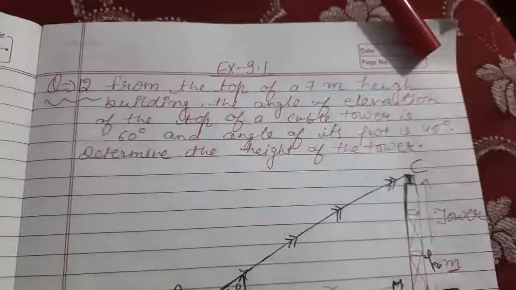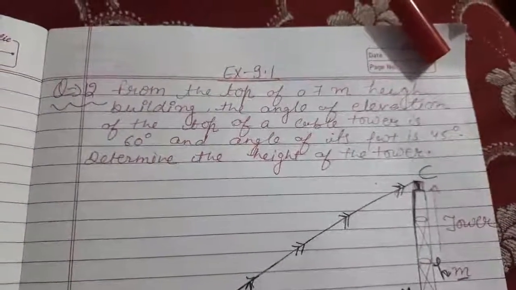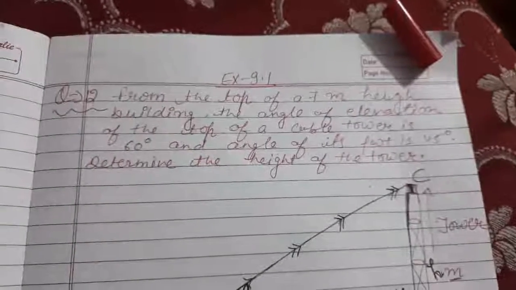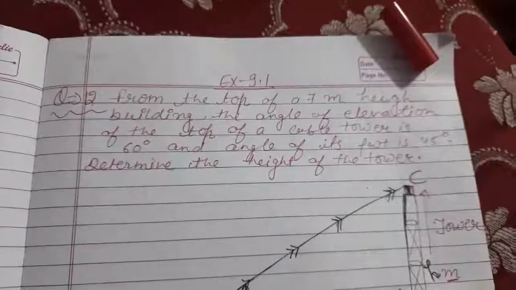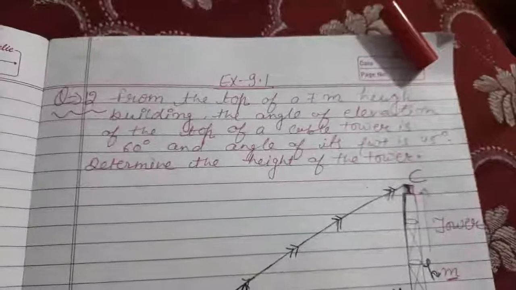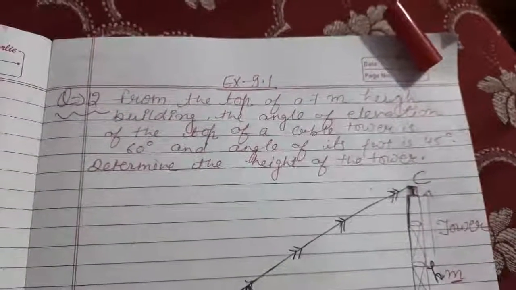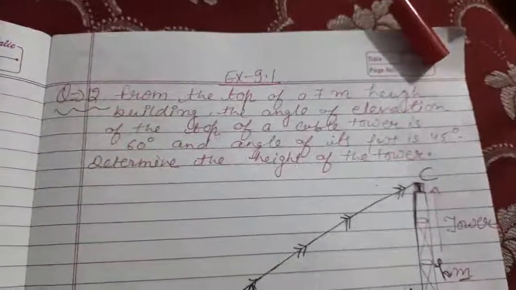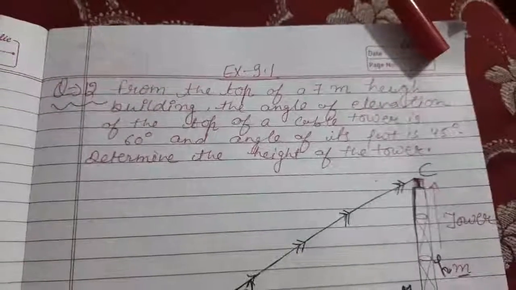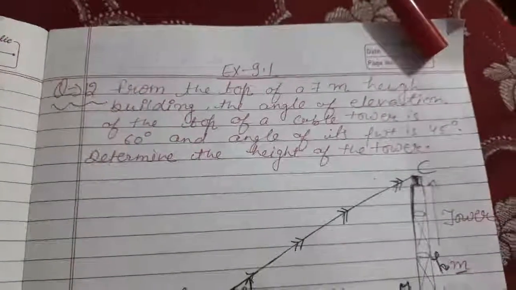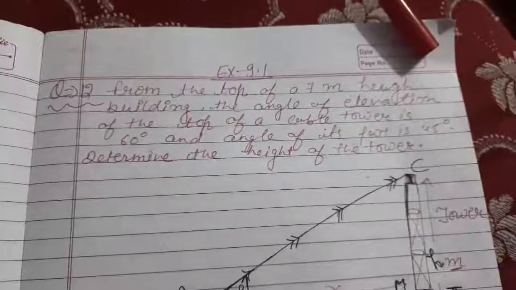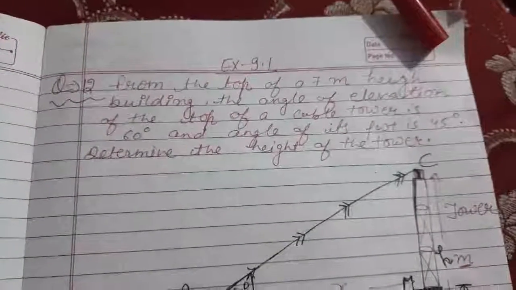So children, when we are looking upwards at any object which is higher than our level, there will be an angle of elevation. And when we are looking in the downwards direction, there will be an angle of depression.